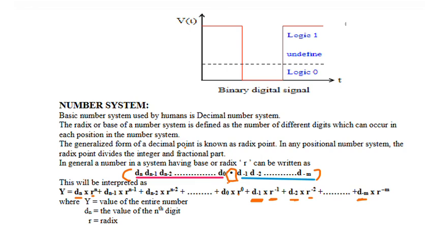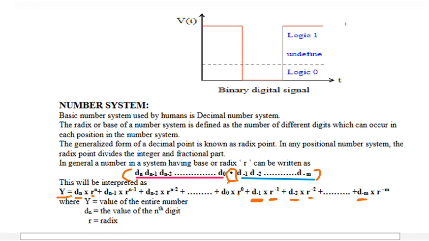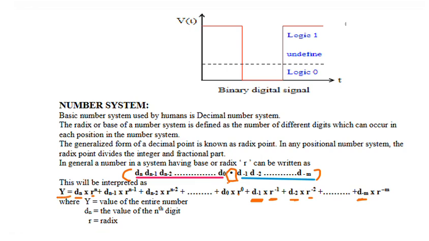So this whole is equal to y. So what is y? It is the value of the entire number. r is represented as the radix, and dn is the value of the nth digit, then the n minus 1th digit, n minus 2th digit, and so on. So again, dn is the most significant digit, which is MSD, and d minus m is the least significant digit, which is LSD.